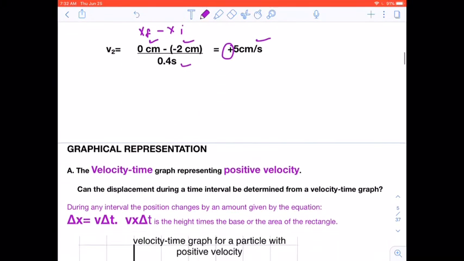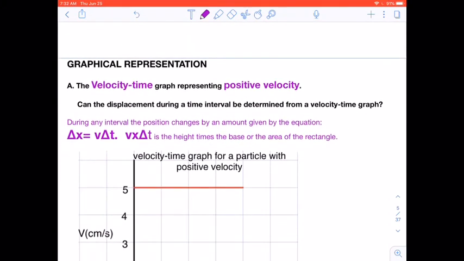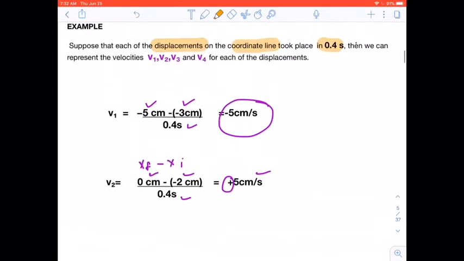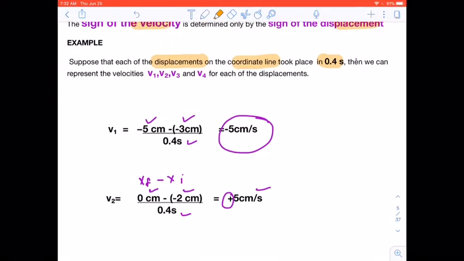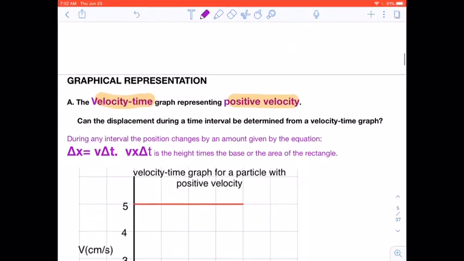So now let's look at a graphical representation. If we have a velocity time graph representing a positive velocity, right? Here we have a velocity time graph. One has a negative velocity, the other one has a positive velocity.